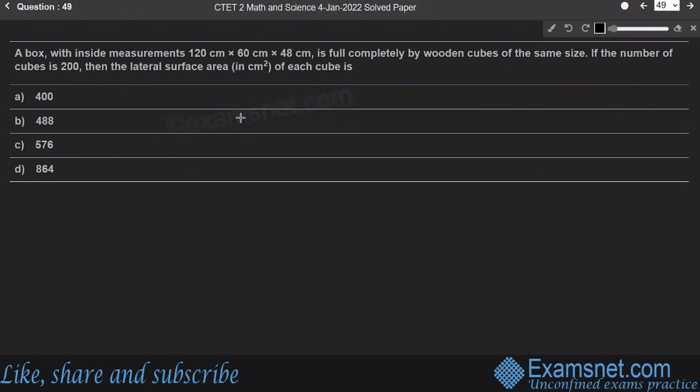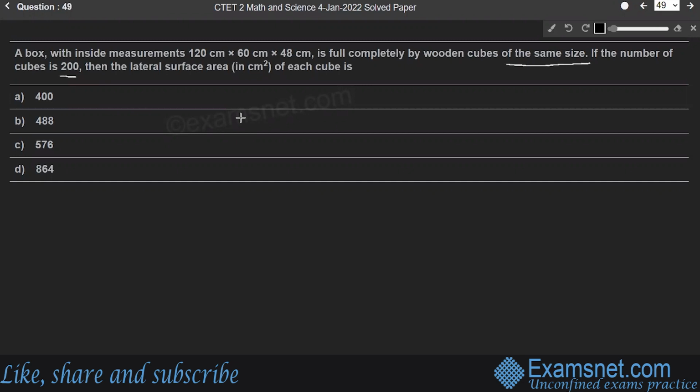Question number 49. A box with inside measurements 120 centimeter into 60 into 48 centimeter is full completely by wooden cubes of the same size. If the number of cubes is 200, then the lateral surface area in centimeter square of each cube is.